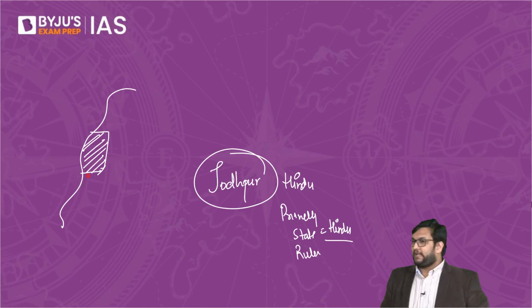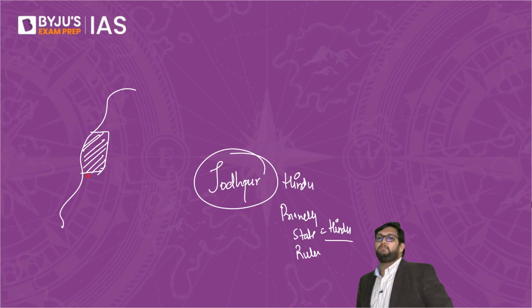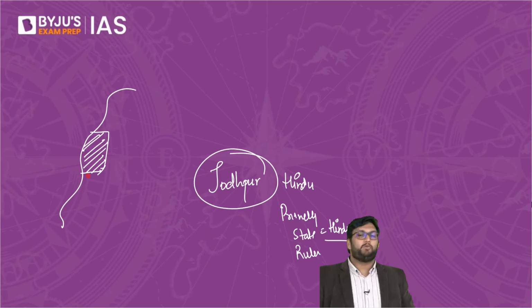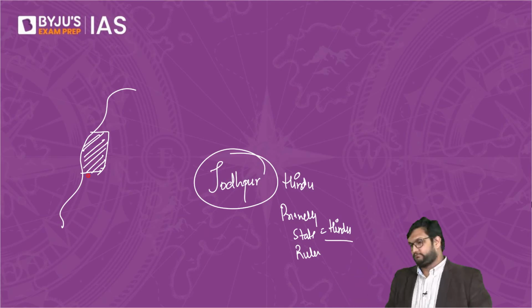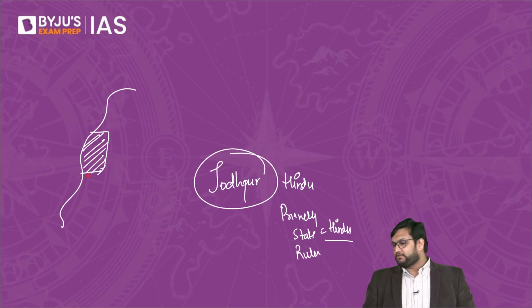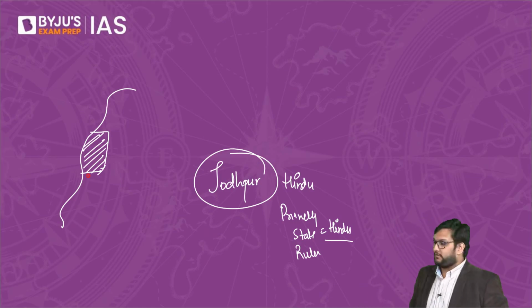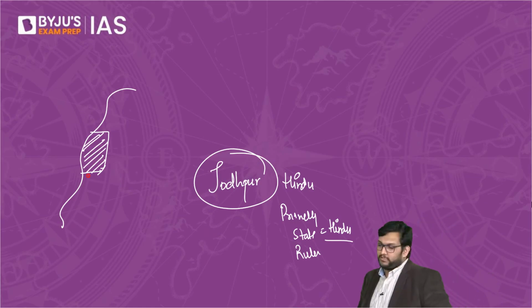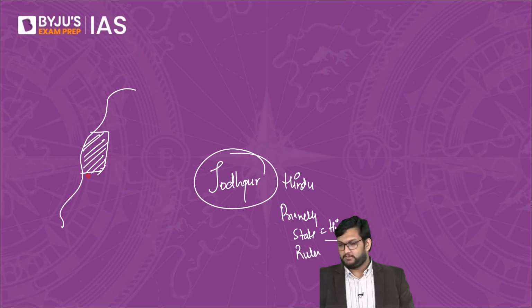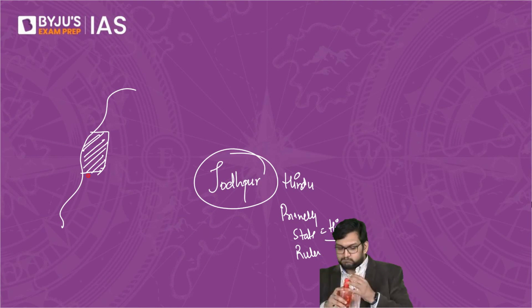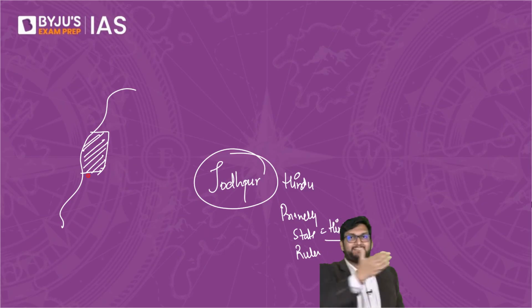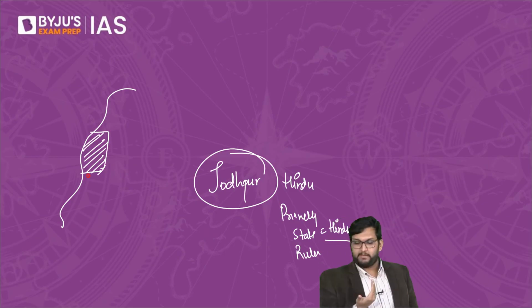Jinnah said, I will give you 4 crore rupees, I will give you 2 seats in the parliament, I will give you anything and everything you ask for. Things which he could not have given, but he promised it to the Jodhpur ruler. Now, Patel was really concerned about this issue because if Jodhpur goes to Pakistan, the border moves inward. So basically, in the Rajasthan sector, it moves inward.